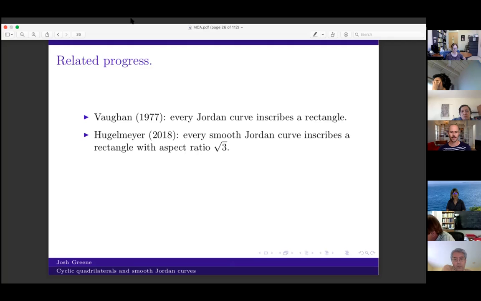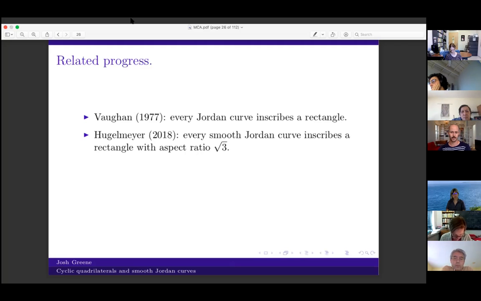So Cole Hugelmeyer was then and still is now in graduate school, and he showed that every smooth Jordan curve inscribes a rectangle whose side lengths are in ratio the square root of 3. So prior to Cole, nothing beyond the case of a square was known to appear in every smooth Jordan curve.